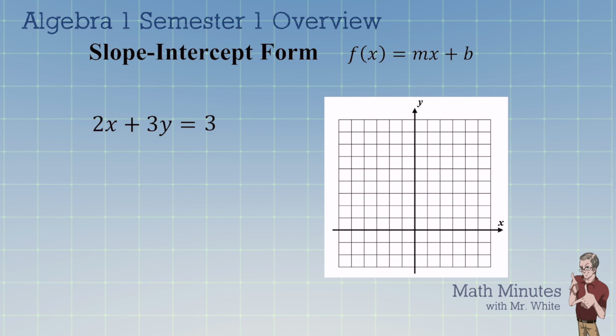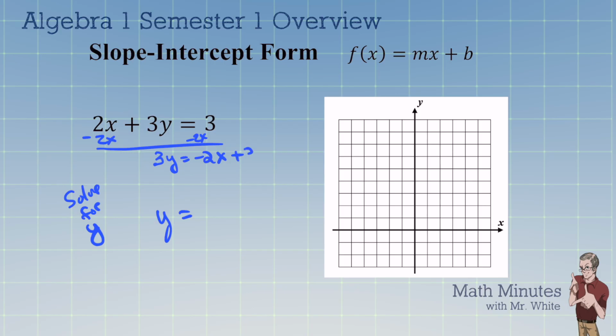Another example of graphing y equals mx plus b, but look here, it is not in slope-intercept form, but we have an algebra toolbox where we can solve for y, right? We can solve for y like we did earlier when we were doing literal equations. We had to get y by itself. That's what we're going to do here. So let's subtract 2x on both sides. 3y equals negative 2x plus 3.